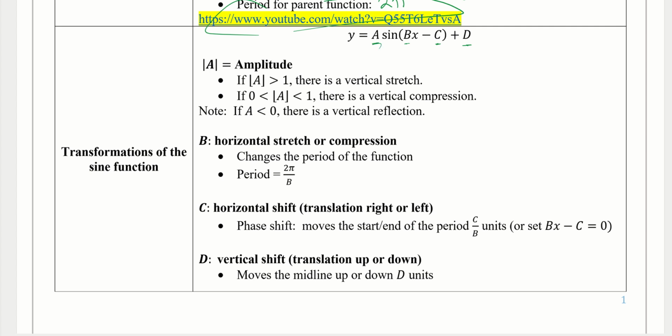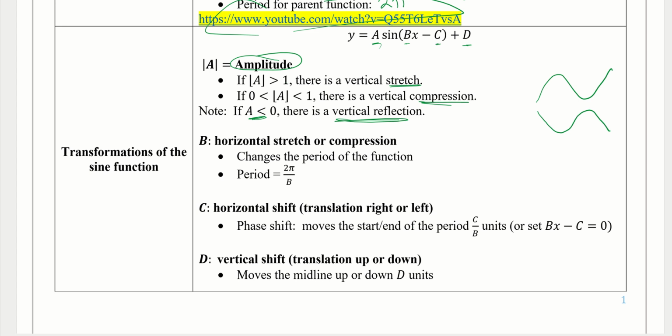So the A, that is our amplitude, right? If the absolute value of A is greater than 1, then it's stretched. In between 0 and 1, it's compressed. And if A is negative, that's where we get our vertical reflection, right? So for sine, instead of going something like this, our vertical reflection will go like that. So it'll just kind of flip over.